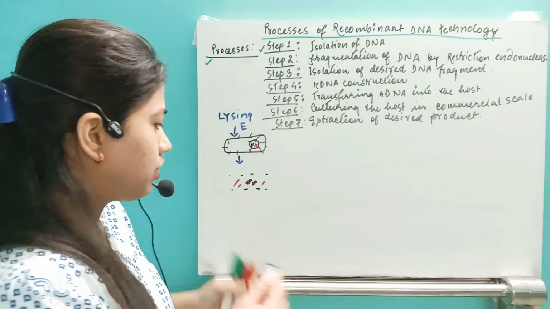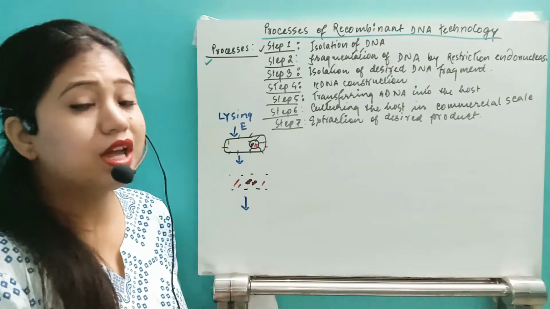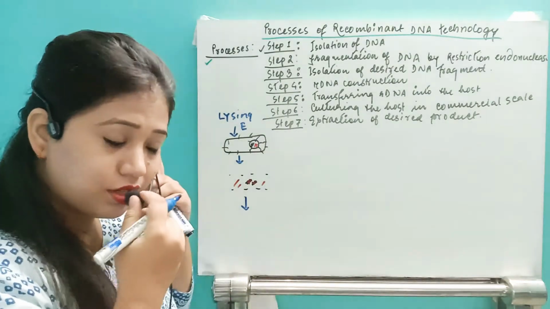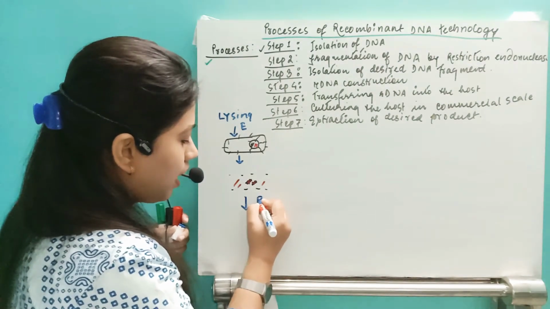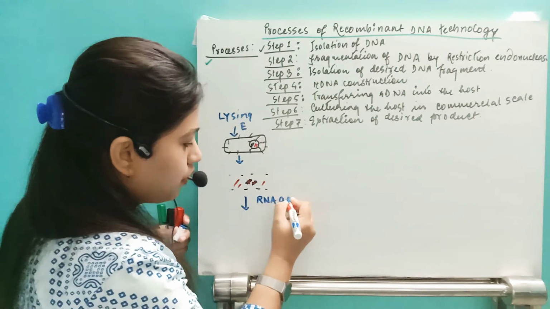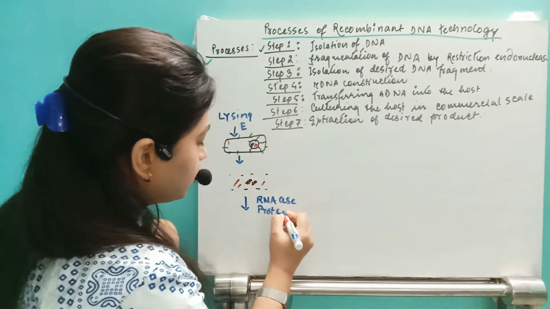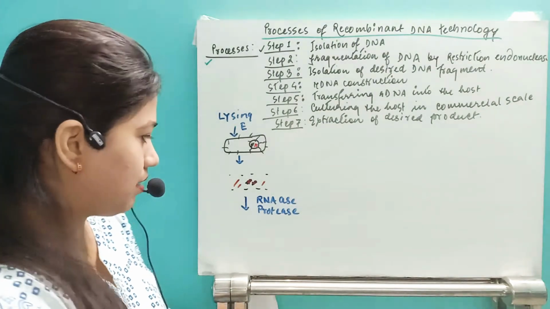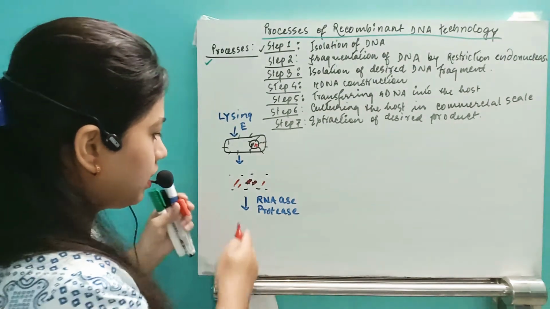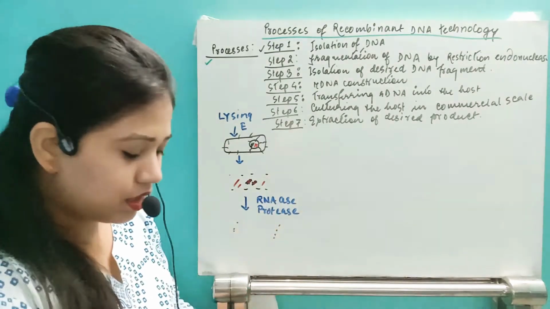Here, the next process is the addition of other enzymes. What are those enzymes? First is the RNase enzyme, and the second one is the protease enzyme. Whenever we add the RNase enzyme, the RNA, these red colored RNA, get digested, so there will be no RNA.